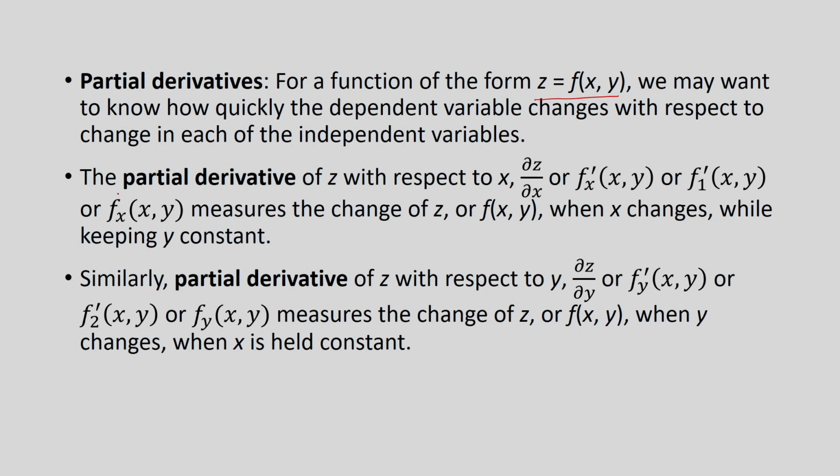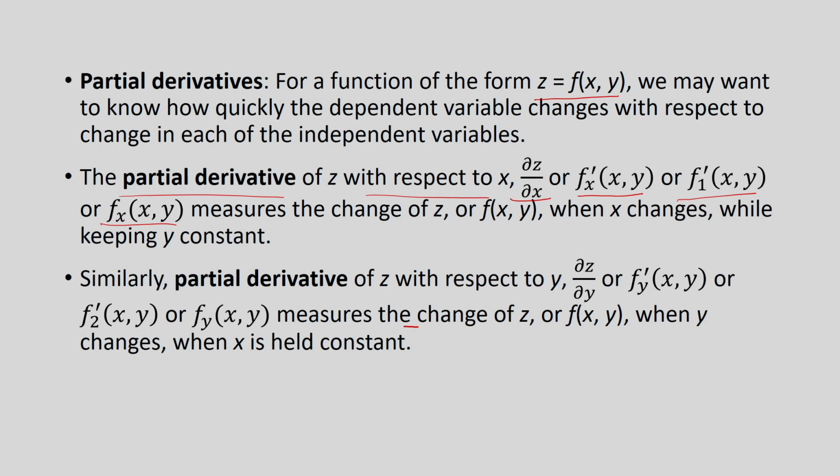The partial derivative of z with respect to x is denoted by del z del x, or f dash x of x y. This is another way to denote the same thing, or f dash 1 of x y. Why 1? Because x is the first variable. Or more explicitly, f subscript x of x y. These are all denoting the same thing, which is the partial derivative of z with respect to x.